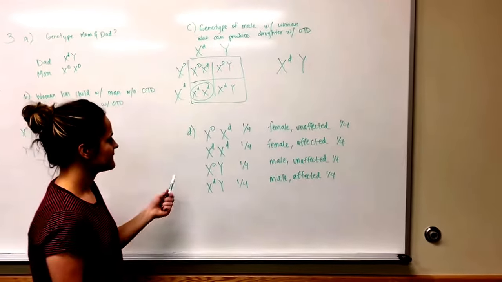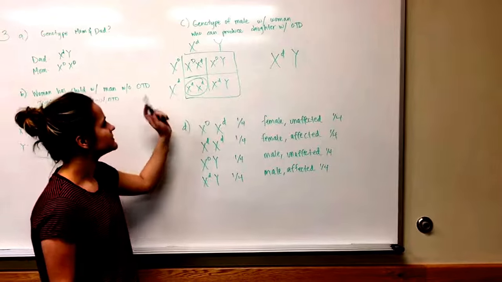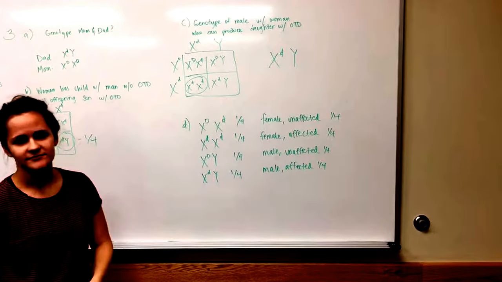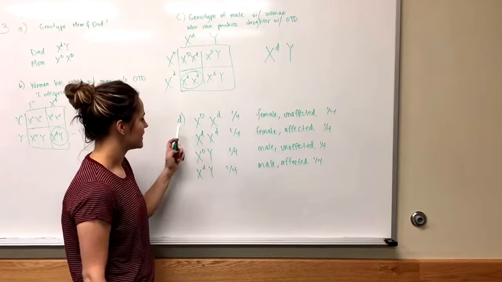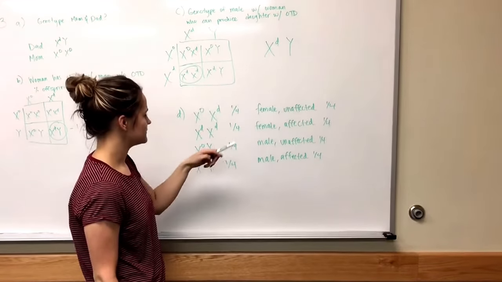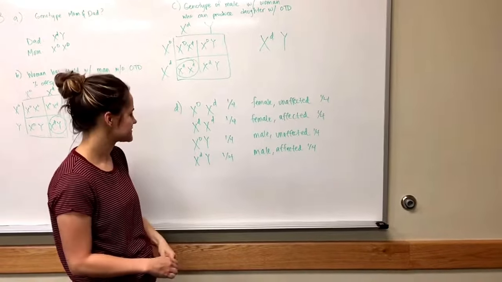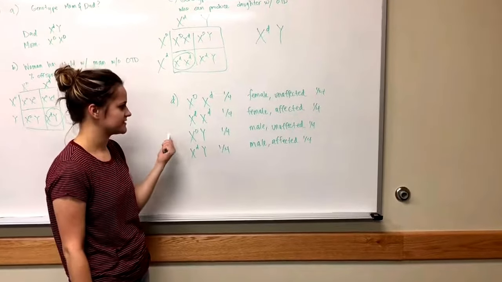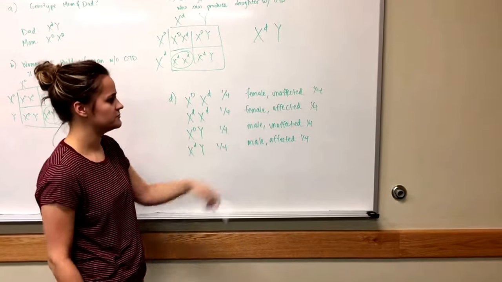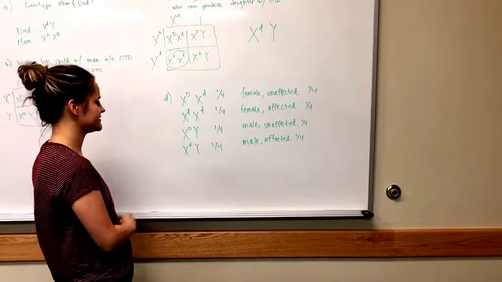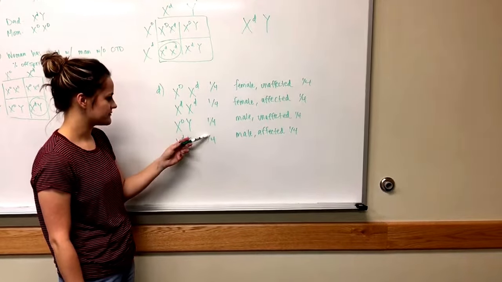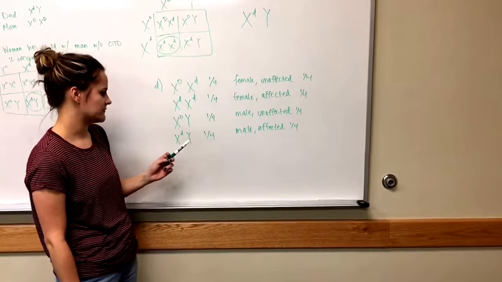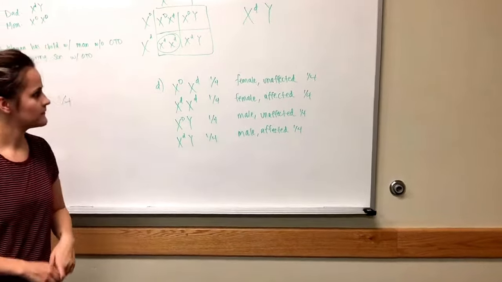And for part D, all the genotypes and phenotypes found in the cross from part C: heterozygous female is 1/4, which would be unaffected females. Homozygous recessive is 1/4, which would be affected females. You'd have an affected male at 1/4, and an unaffected male at 1/4 as well.